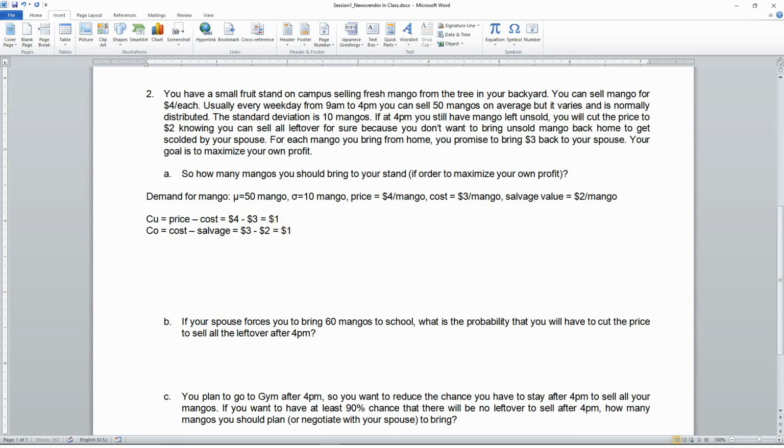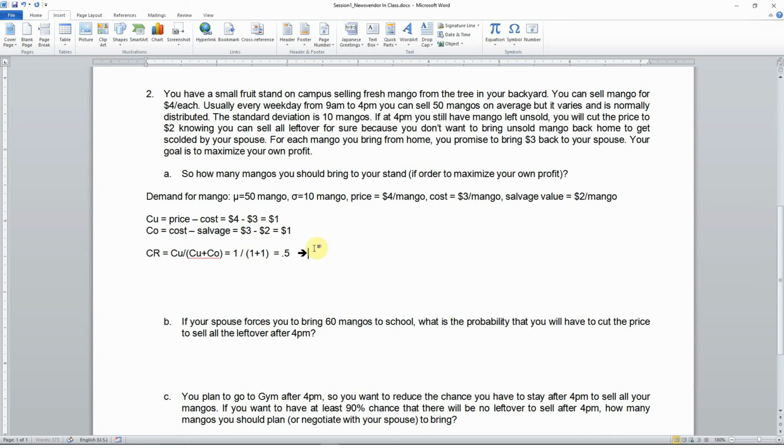Okay, so our critical ratio is going to be CU, the underage, divided by the underage plus the overage, which is 1 divided by 1 plus 1. Everything's 1, very easy. It's going to be equal to 0.5. That means we already know what this means.